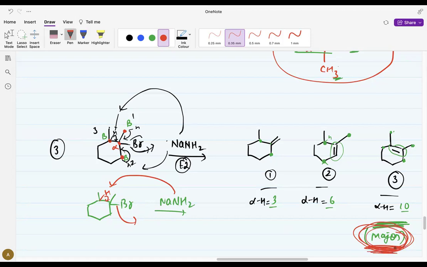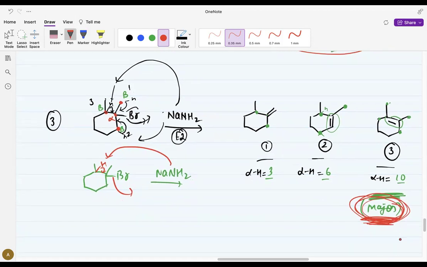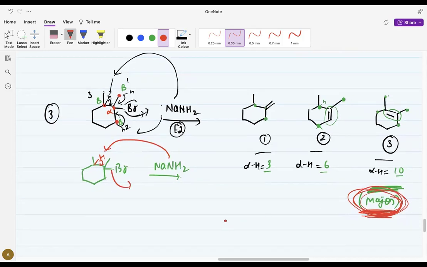Understood? It's simple. So you have to make the product which is the more stable alkene, right? So our product should be the more stable alkene.